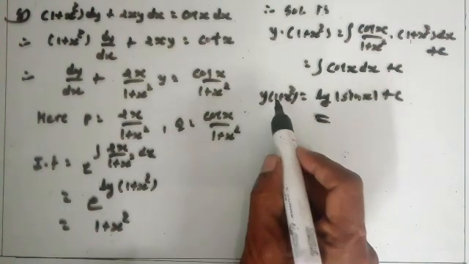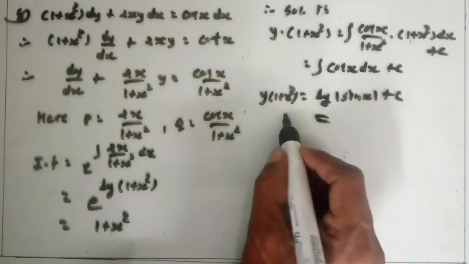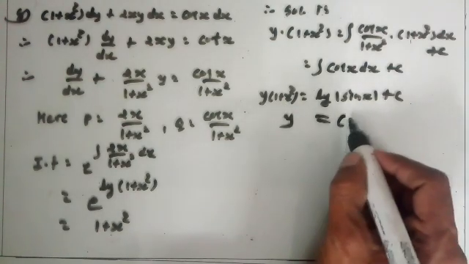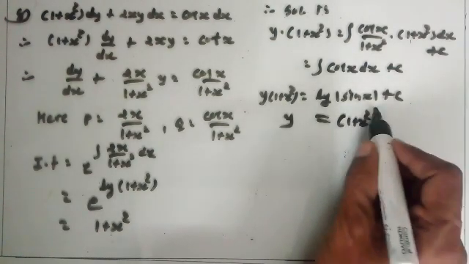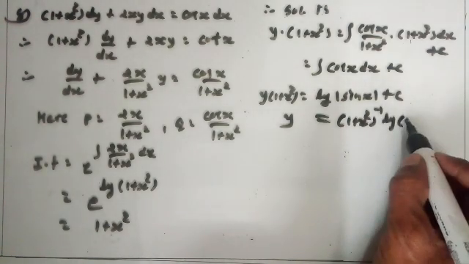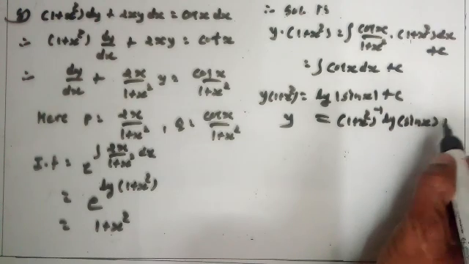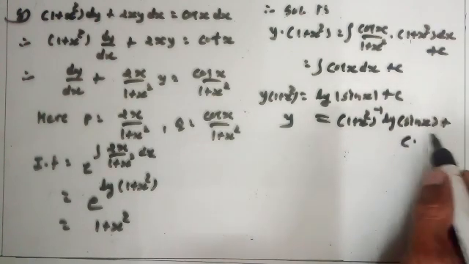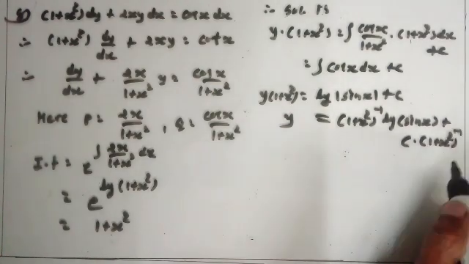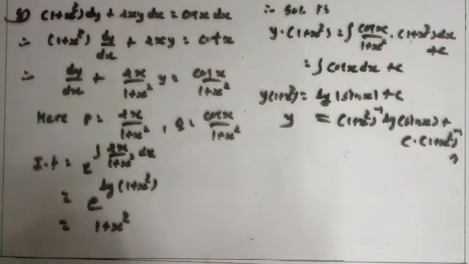Okay, or taking 1 plus x square to the other side, we get y is equal to 1 upon 1 plus x square, that is 1 plus x square raised to minus 1, into log mod sin x plus c, into 1 plus x square raised to minus 1. This becomes the solution. Clear?